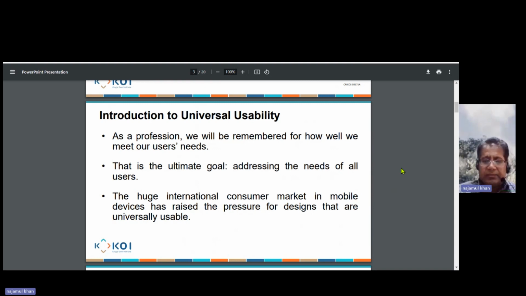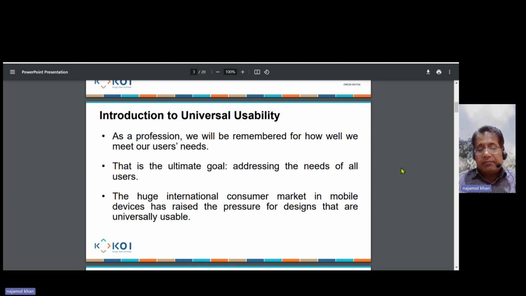But as you can see here, we are looking especially at this market, which is about international consumers and which varies from market to market. People in one country, let's say in America, will probably have different expectations or needs from people who might be in China.